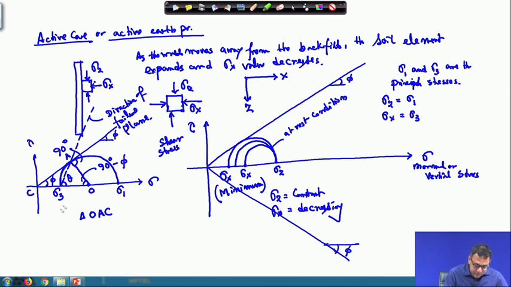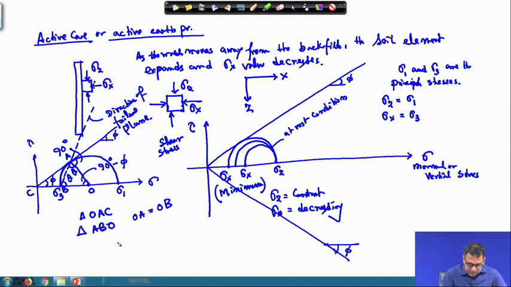Now, this point is B. If I take triangle ABO, if this is theta, this will also be theta, because OA is equal to OB, as both are the radius of this circle. So, both the angles will be theta.